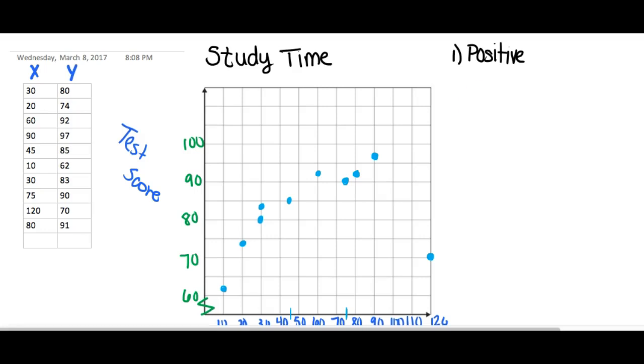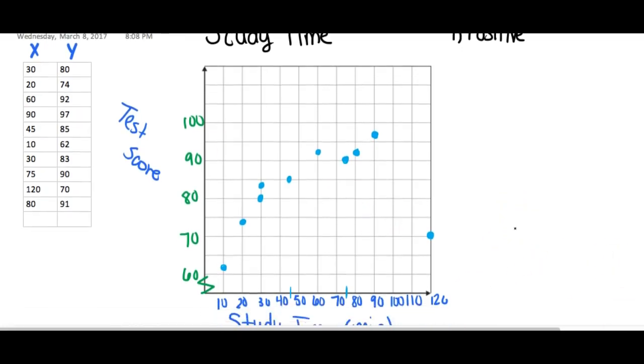Now you guys already know that I struggle with drawing. So one of the things that's really important is we want to make sure that our y-intercept is a whole number. Because if I said my y-intercept was right here, I'm looking at this point going, oh, that's about 73.